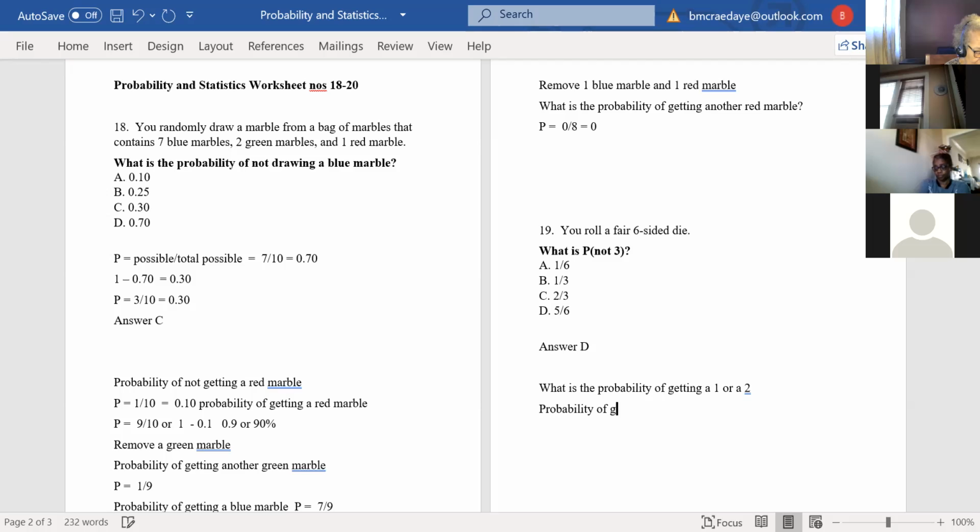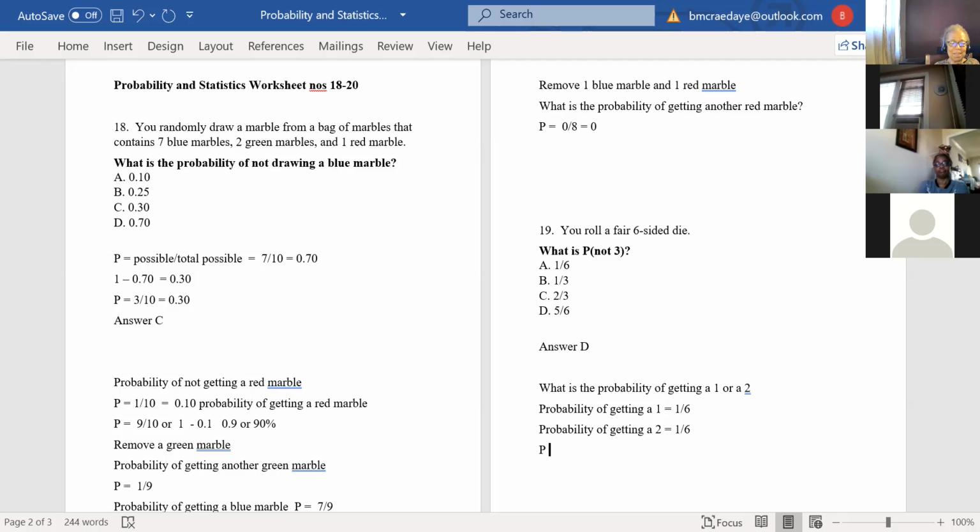So the probability of getting a 1, you said that's equal to 1/6. Probability of getting a 2, that's equal to 1/6. So what's the probability of getting a 1 or a 2? A 1, you would have 1/6. A 2, would you have 1/3?